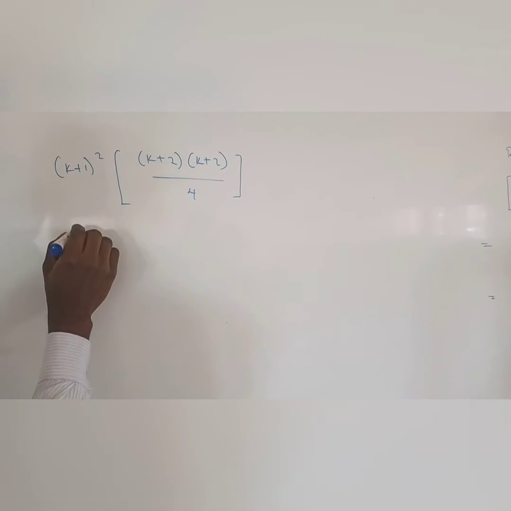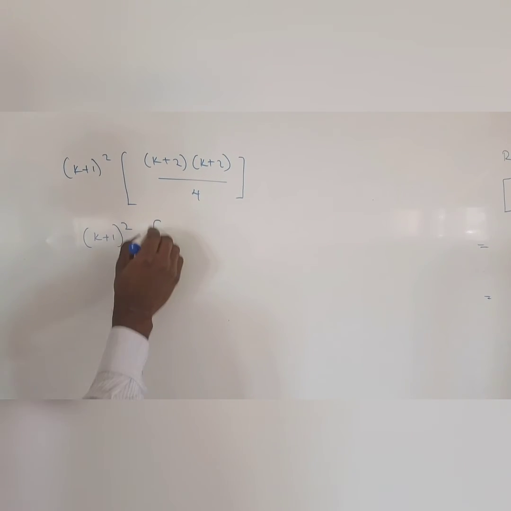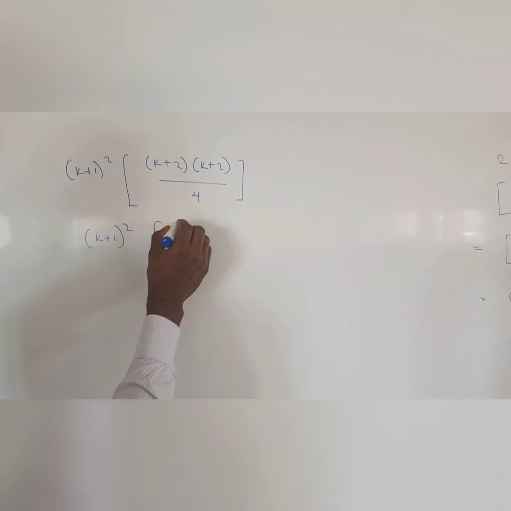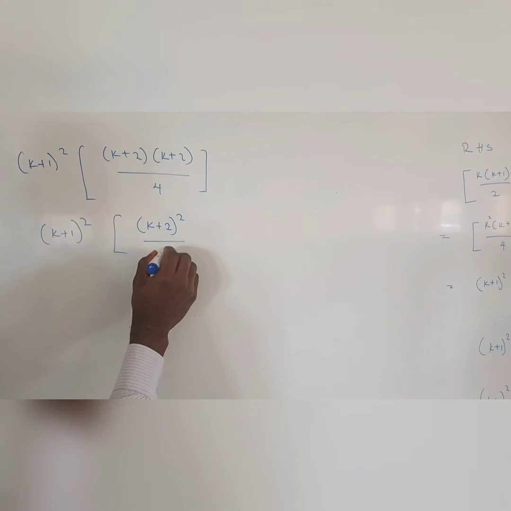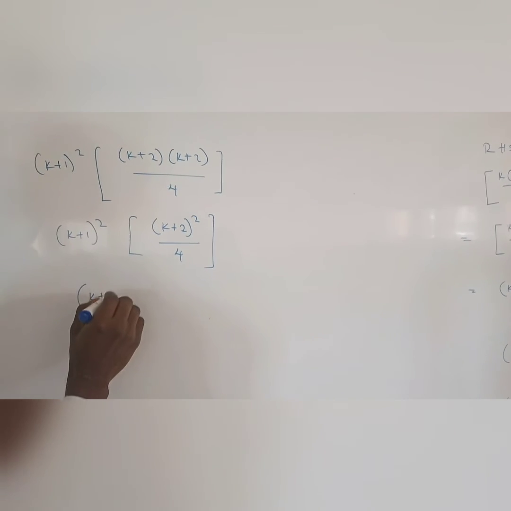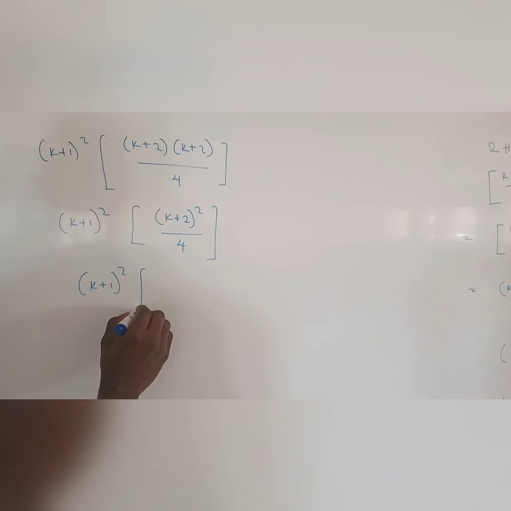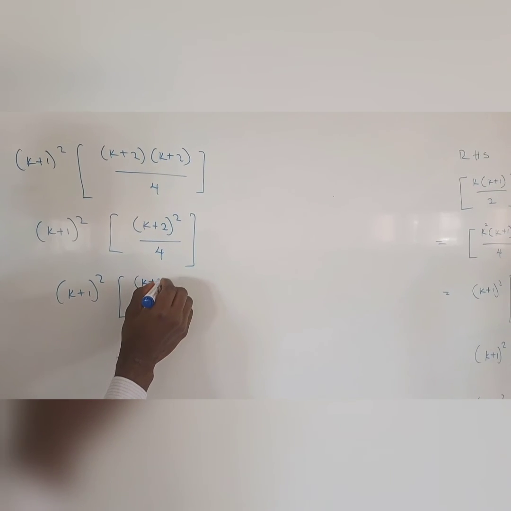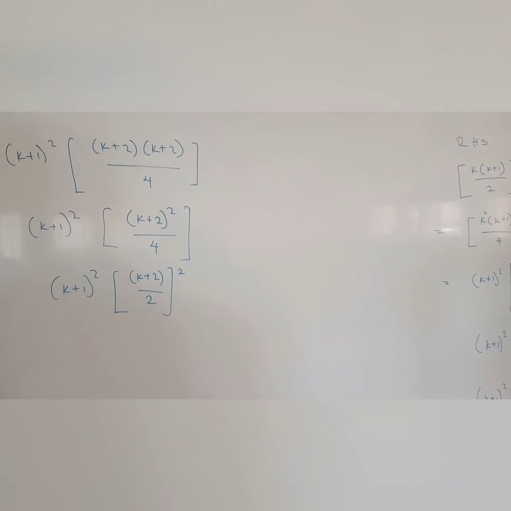And the same thing as (k plus 1) squared. And we can take this, since we have k plus 2 times k plus 2, as (k plus 2) squared over 4. And this becomes (k plus 1) squared. And we can also make this to look like this, (k plus 2 over 2) squared.